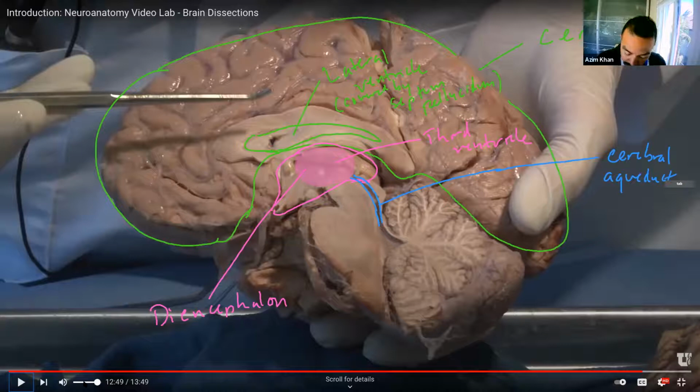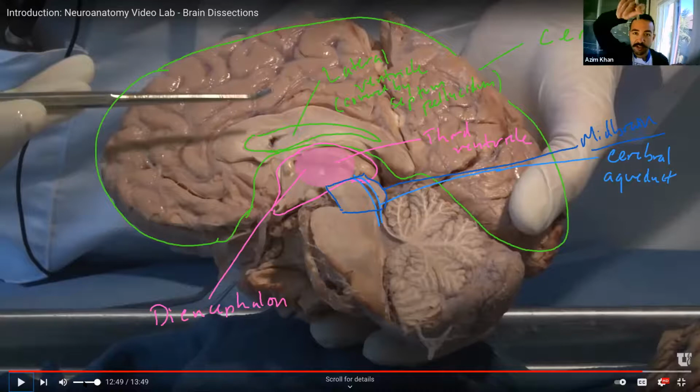And remember, the cerebral aqueduct is found within this region right here called the midbrain. The midbrain, the way I identify it is by identifying the things around it. The diencephalon is this nice rounded region, and you've got the huge cerebrum.